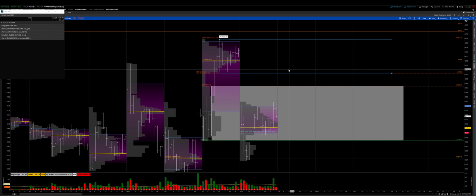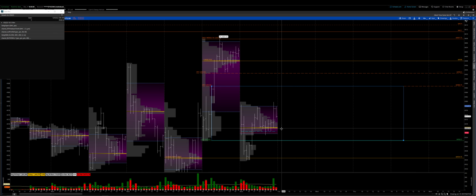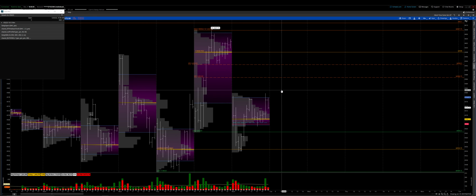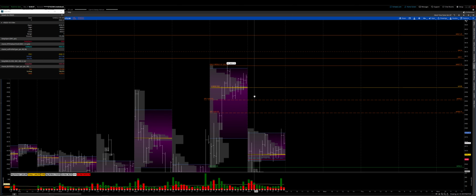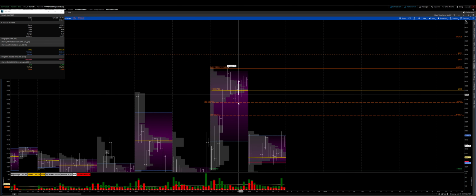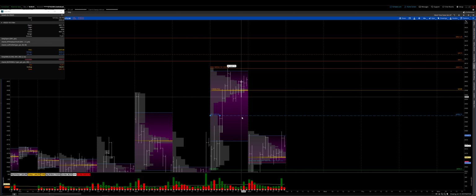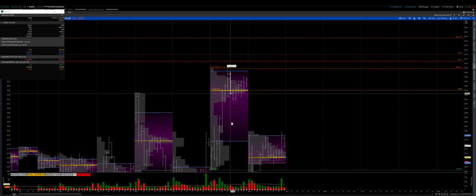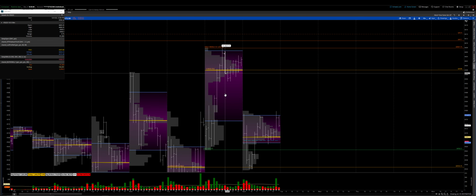However, they failed miserably at that by taking out the previous day's low, opening below the set of single prints. So those single prints are indeed gone, but it was a good area to reference.